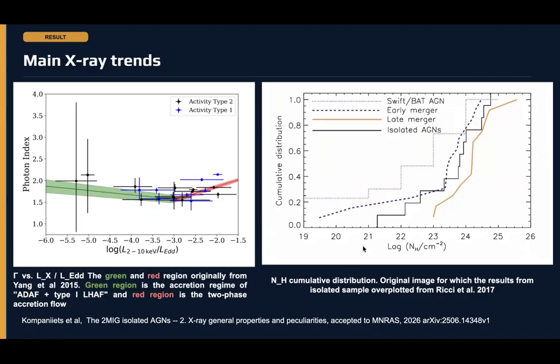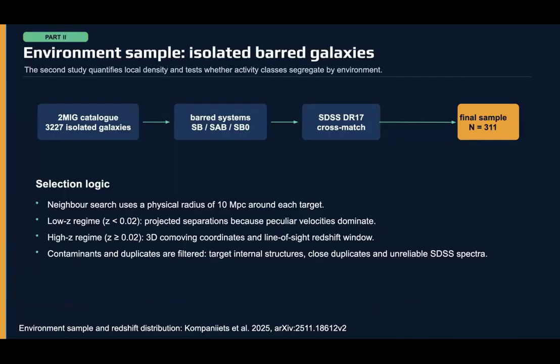So you can see here we overplotted the value of column density for isolated AGN on the original image with the different samples of early merger AGN and late merger AGN and also Swift BAT AGN from Ricci et al.